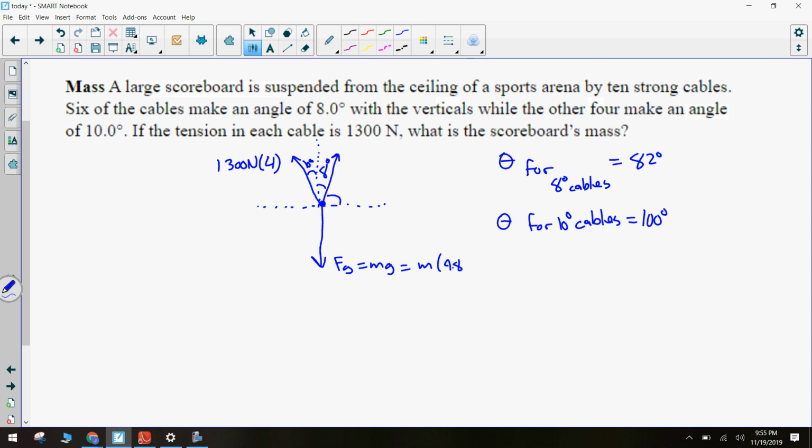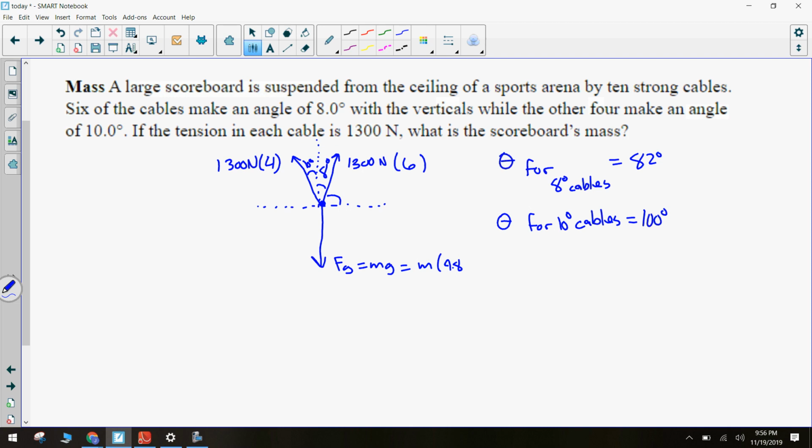And on this other side, all of these are also 1,300 newtons. But there are 6 of them. Okay. So when I do my F net equals ma, my Newton's second law, all I have to do is multiply times 4 and multiply times 6, and I've got it all good to go.